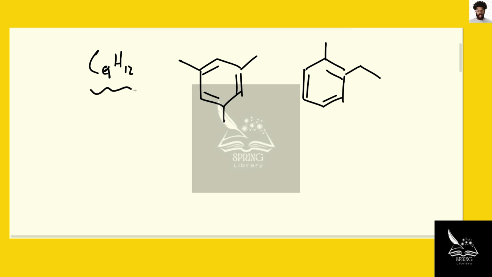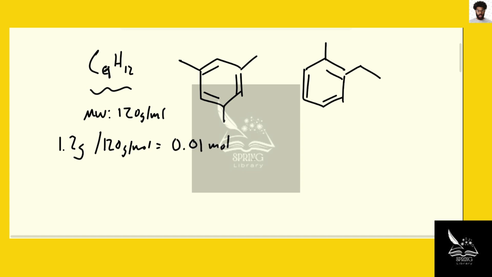The molecular weight of C9H12 is 120 grams per mole, and we were told that we have 1.2 grams of our starting material, which, divided by 120 grams per mole, tells us that we had 0.01 mole of our starting material. It also means, assuming total conversion of our starting material to the acid, we had 0.01 moles of acid.